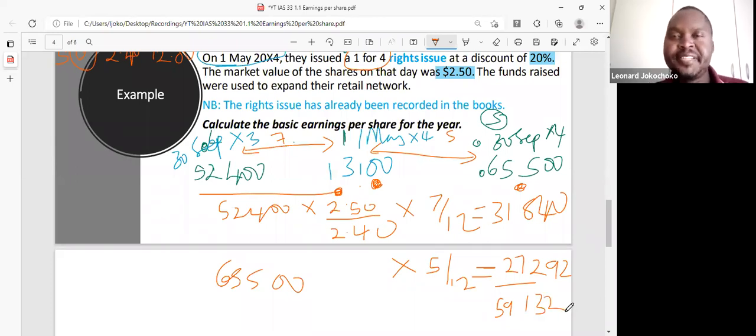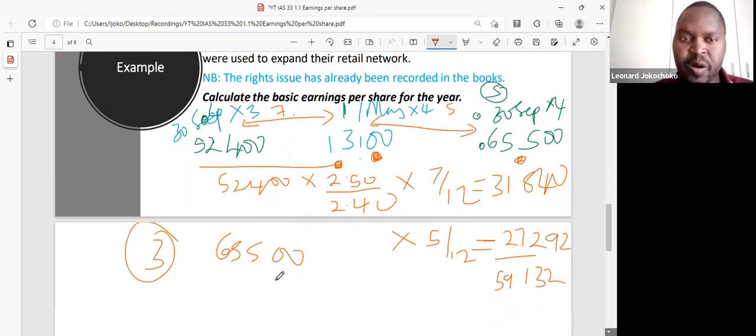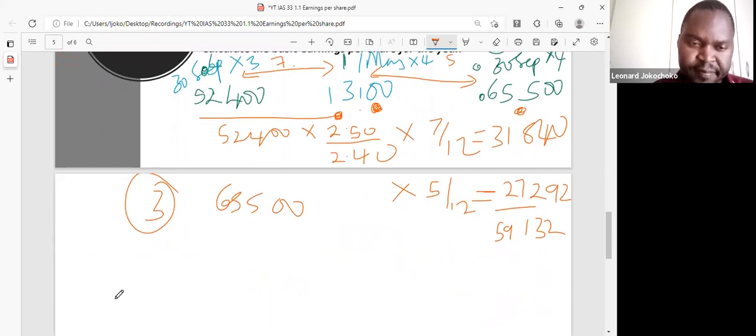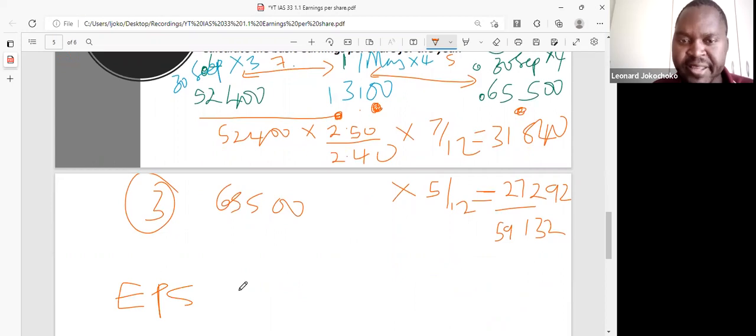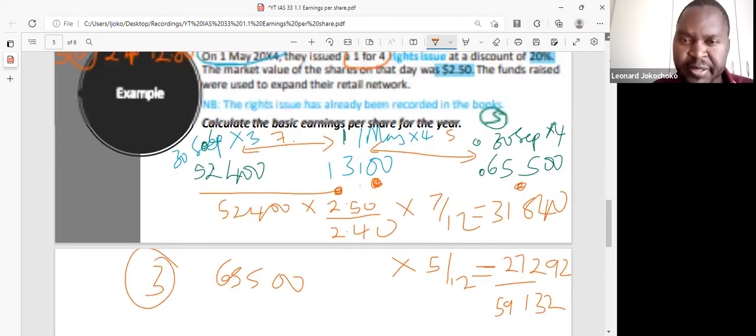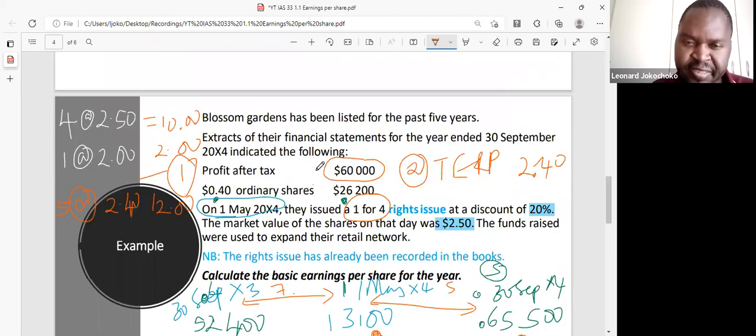Because I've calculated my step 1, I have my earnings. I've also calculated my step number 2, the theoretical exercise price. I've calculated step number 3, which is finding my weighted average number of shares. With this information, I can now calculate my earnings per share. I take the earnings, the figure from step number 1. In step number 1, our earnings were given as $50,000.